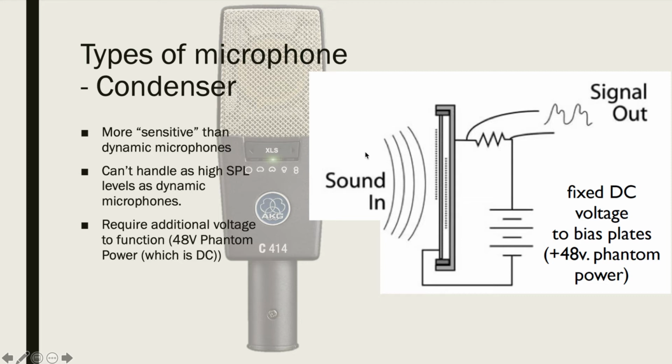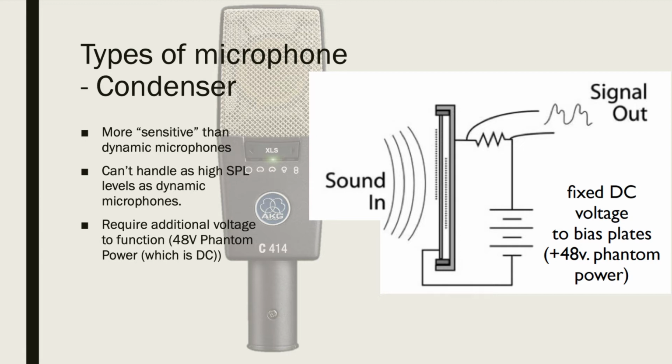With condenser microphones, we're generally talking that they are more sensitive than dynamic microphones, both in terms of durability and in terms of receiving audio signals. So with condenser microphones, you've got to be a little more careful with how you're handling them, just because of the technology and how that stuff works.